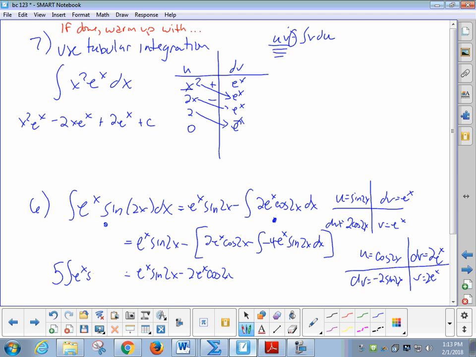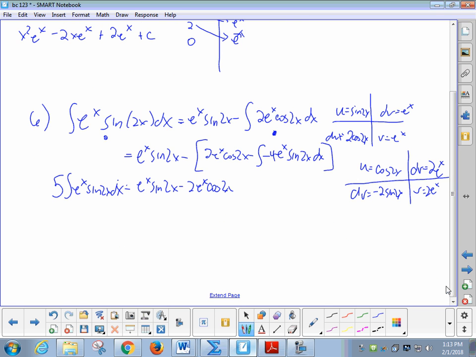I skipped a step, but you can show it if you like. Do you agree that you move it over and with a positive 4 and get 5 total? Okay, so our answer then will probably have a 1/5 in it. 1/5 of e to the x sine of 2x minus 2e to the x cosine of 2x.